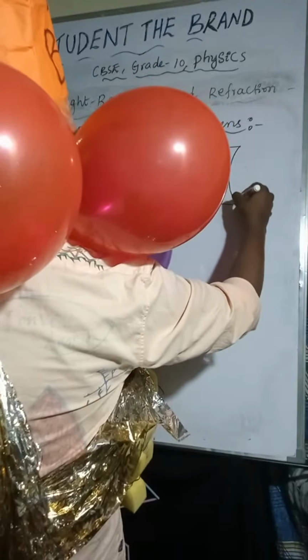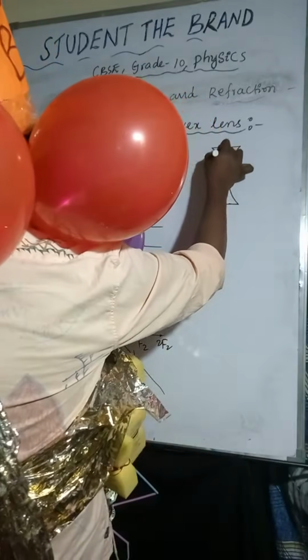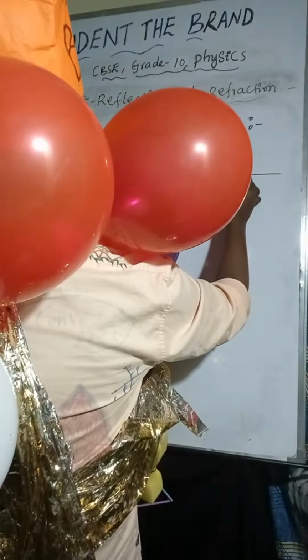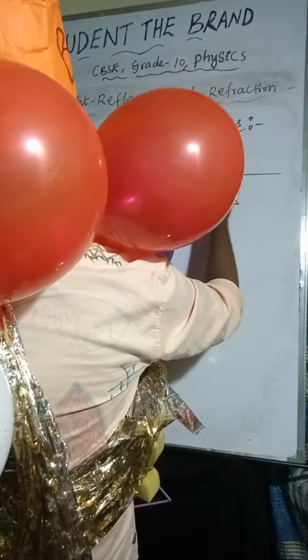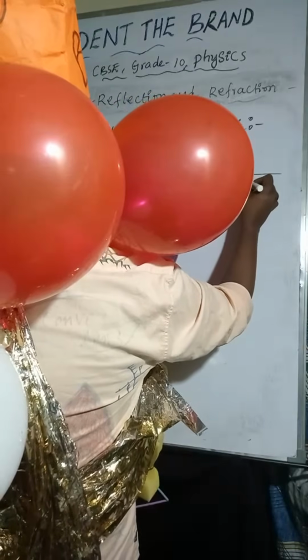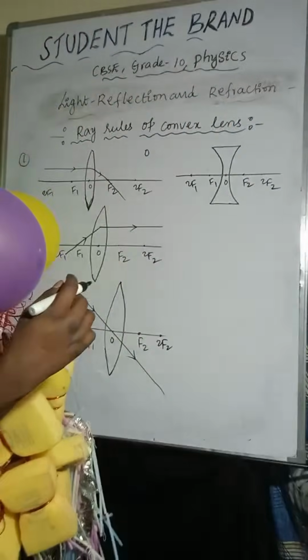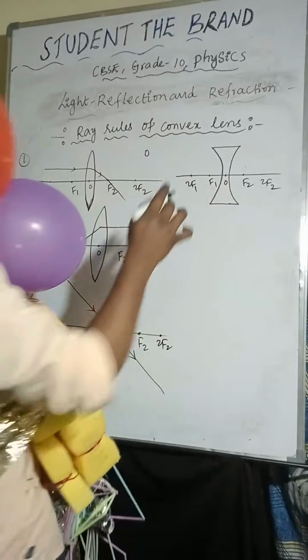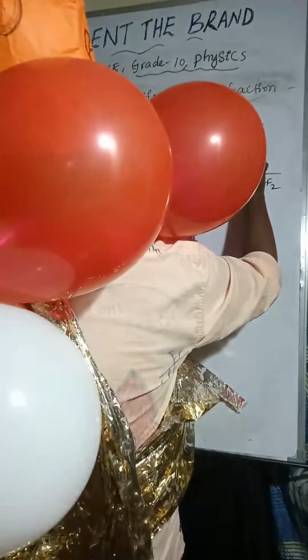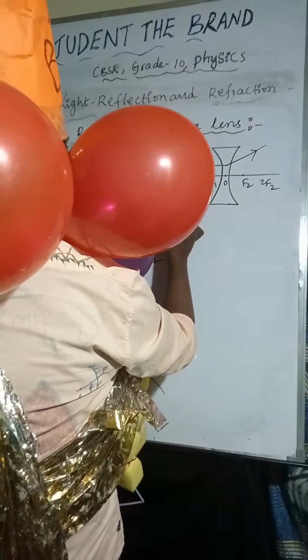Okay, so here I'm taking like this. Optic center, F1, 2F1, F2, 2F2. So light ray is coming from infinity, after refraction it diverges. Okay, so here I am considering like this. It diverges.